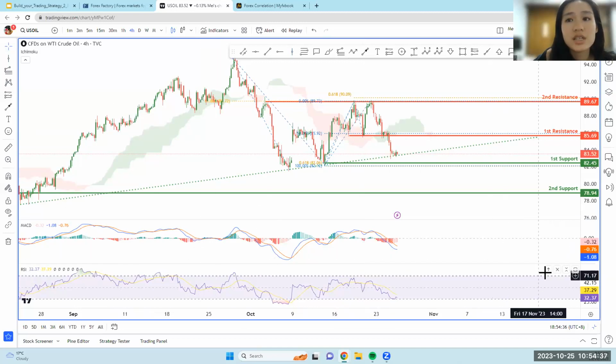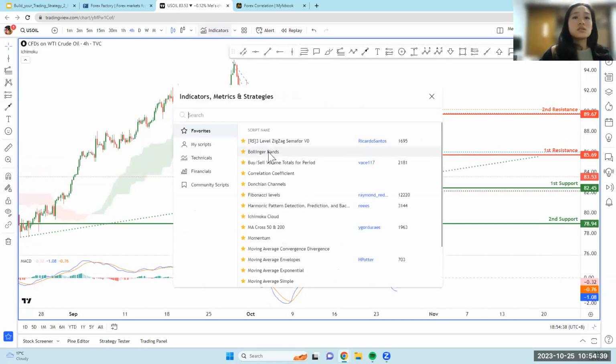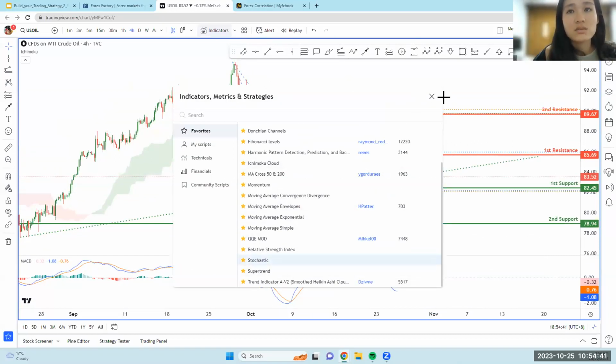RSI isn't really telling us much. Let's look at stochastic.